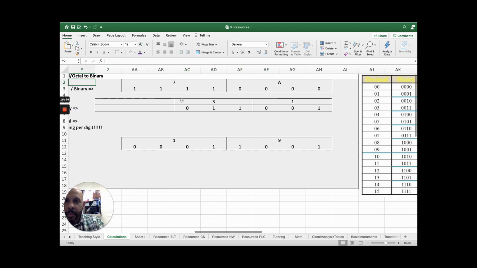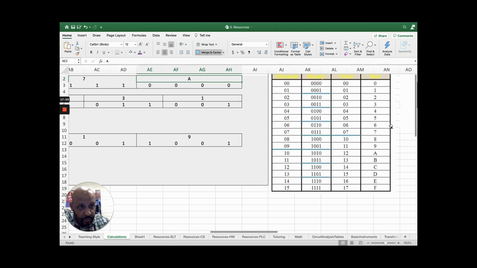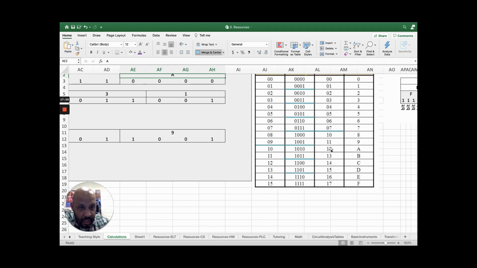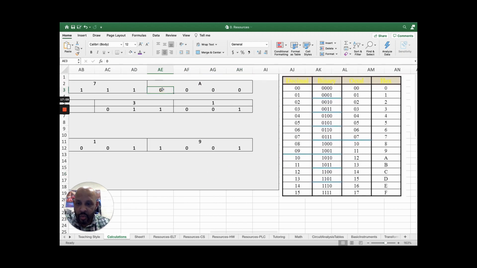If you want to convert this 7A, which is in hexadecimal, to binary, all you need to do is get each one of your digits one at a time, and each one of them will be 4 bits. So you see this A, if we look at here, A is 1010. So I'm going to have here 1010.